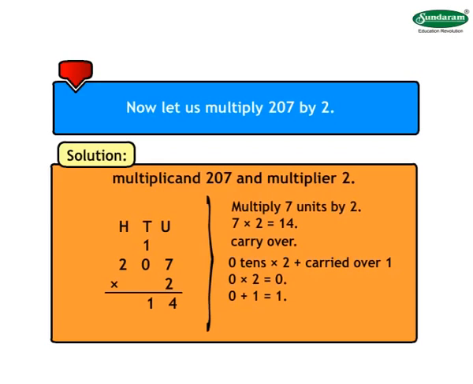Next, multiply 2 hundreds by 2. 2 hundreds into 2 is equal to 4 hundreds. Write 4 in hundreds place in answer column to the left of 1. Hence, answer is 207 into 2 is equal to 414.